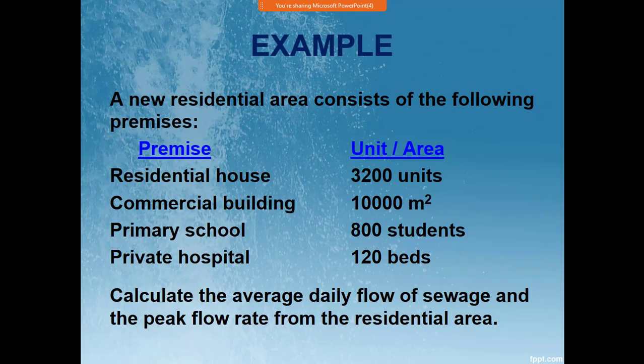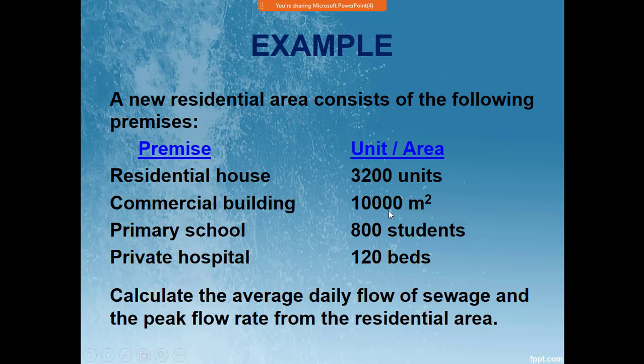So let's have a simple example. Okay, now we have a new residential area. It consists of the following premises. We have residential houses, which are 3,200 units. We have a commercial building that is 10,000 square meters.